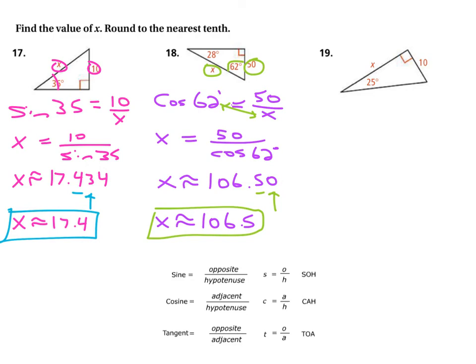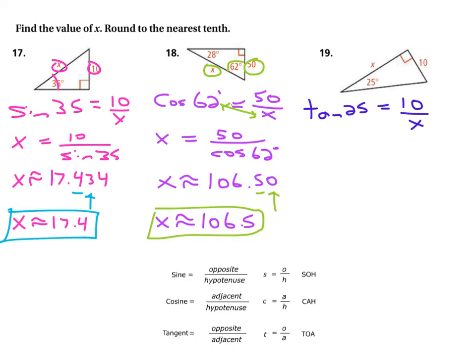Okay? And rounding this out, we're going to look at this one. And what do we have? Well, for that angle, we've got the two legs, the opposite and the adjacent. We do not have the hypotenuse. And so we're going to be using tangent for this. So we will say tangent of 25 degrees equals opposite 10 over adjacent x.